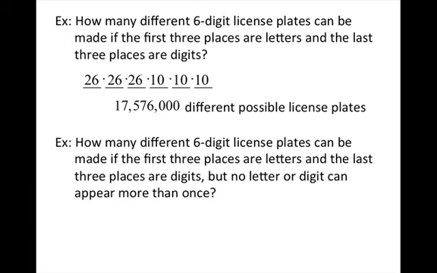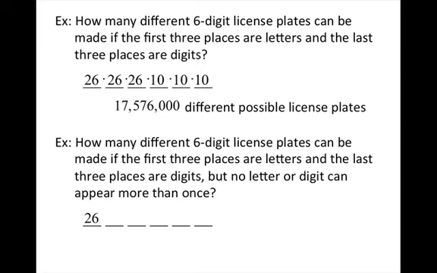Now our next example is similar to the previous one, but I do have some restrictions. How many different 6-digit license plates can be made if the first 3 places are letters and the last 3 places are digits? But this time, no letter or digit can appear more than once. So we'll draw our 6 blanks. For the first letter, I have all 26 letters of the alphabet to choose from.